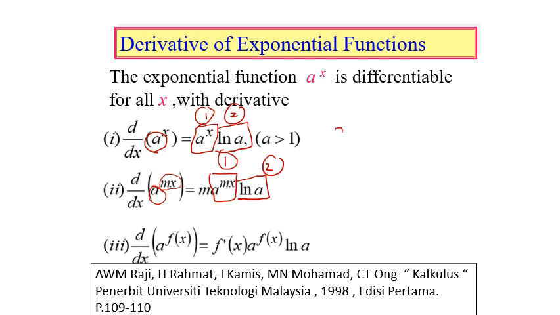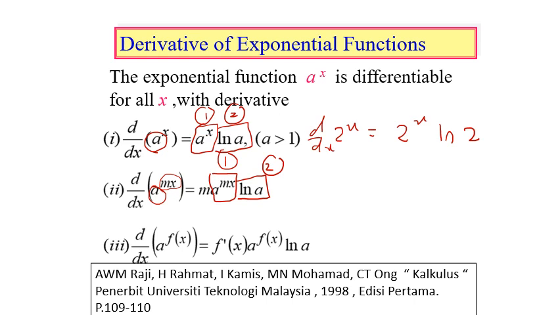Let's say we have 2 power of x. When we differentiate this one, we copy 2 power of x, and also multiply by ln of the base, that is ln 2.